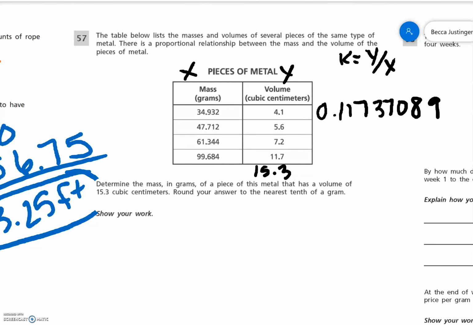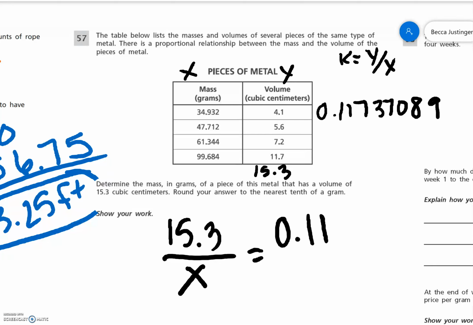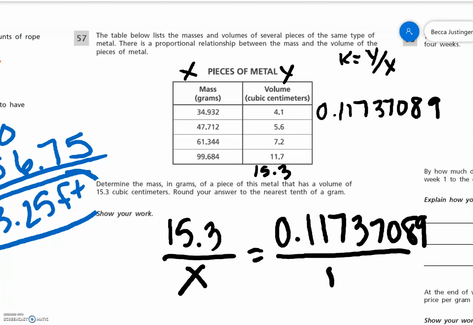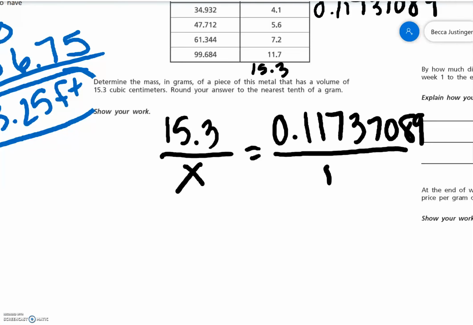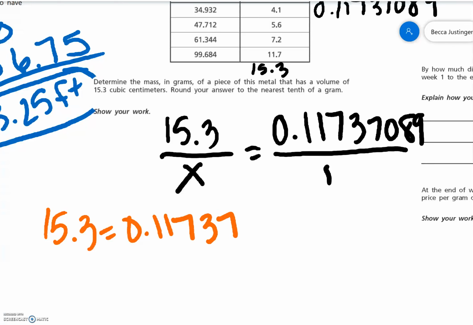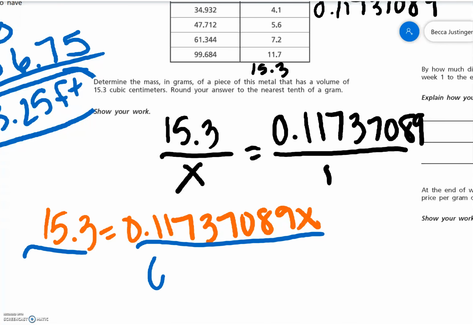So that means 15.3 divided by something is going to give me that 0.11737089. So I can put that number over 1 and I can cross multiply. So 15.3 equals our long decimal times x. We've got to divide by that decimal on both sides.